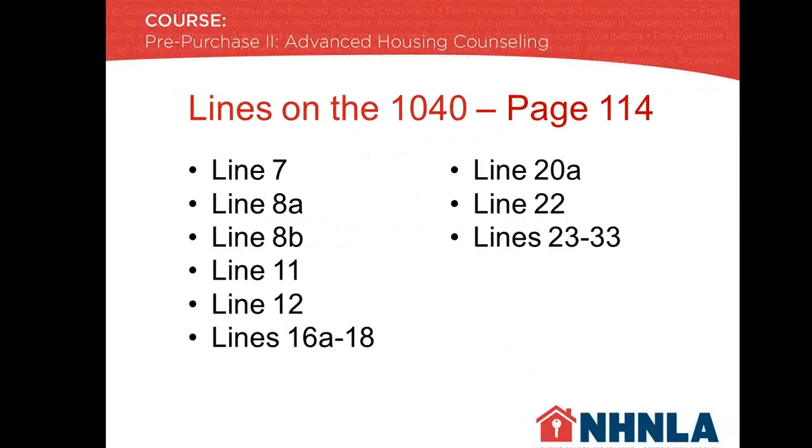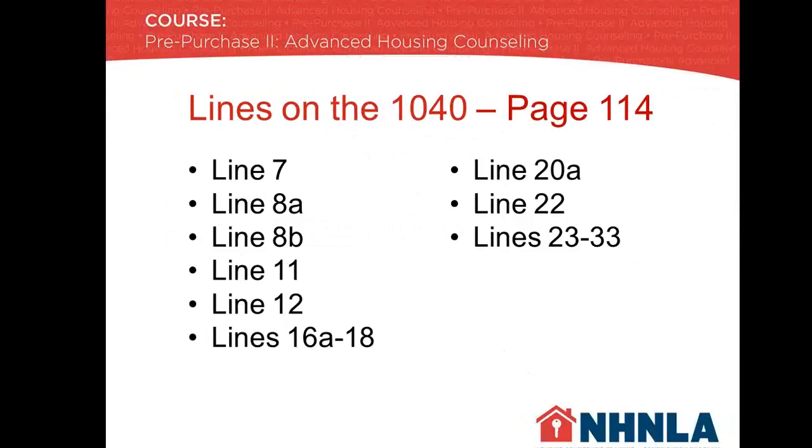Line 8 is the client's taxable interest income from investments and can be used as income as long as the money generating that interest isn't being used to buy the new house. Same way with line 8B, which is the non-taxable interest income. That non-taxable interest income may be grossed up, should be grossed up, or will be grossed up by the lender anyway, so as a counselor you also do that.